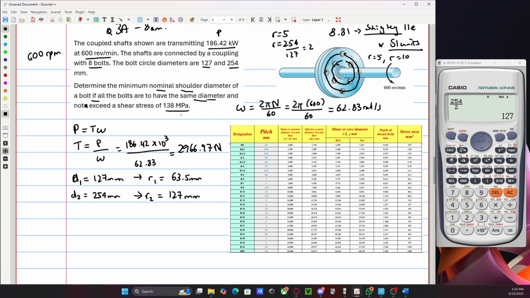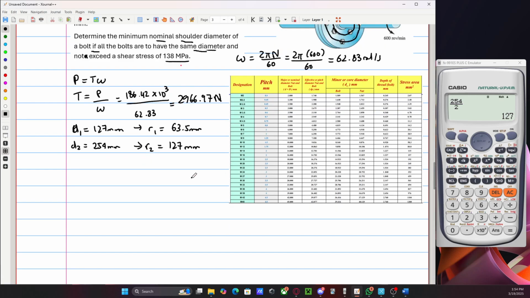Okay, so we also know that we have 8 bolts, so we have 4 of these and 4 of these. Now this torque should be equal to all of the torques combined. So T should equal the torques of the 4 bolts at R1 plus another 4 bolts at R2.